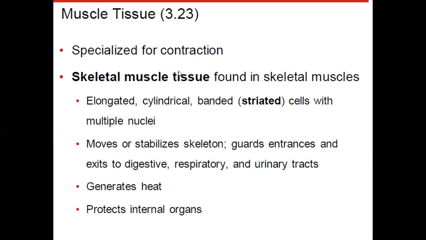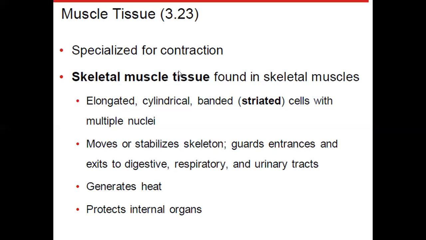And this skeletal muscle tissue moves or stabilizes your skeleton. It can guard entrances. So you have circular layers of muscle called sphincters that you can contract and relax to guard, like your mouth, the anus, the urethra. You have circular layers of muscle that you can contract and you have control over.